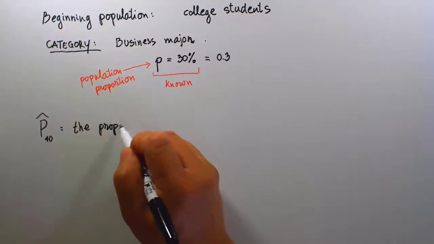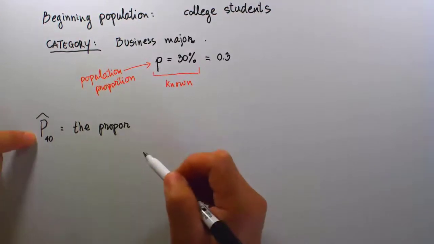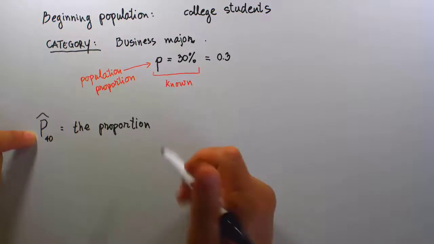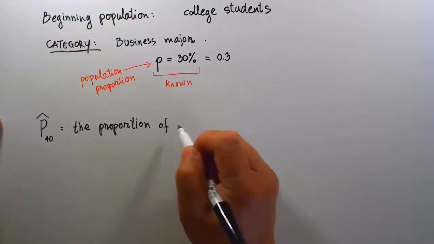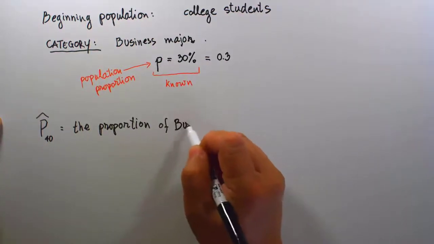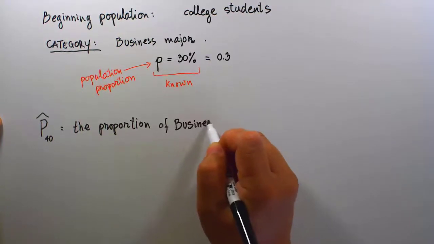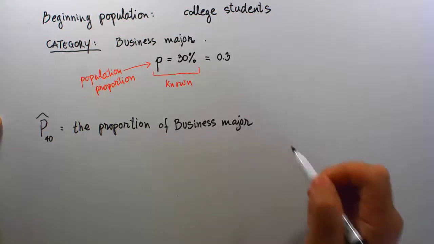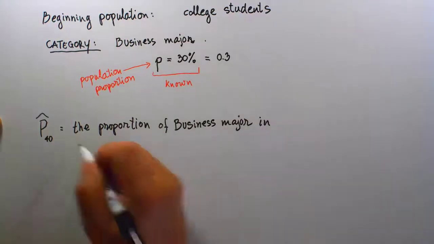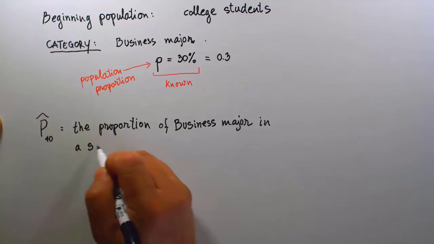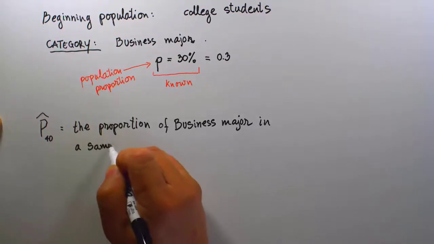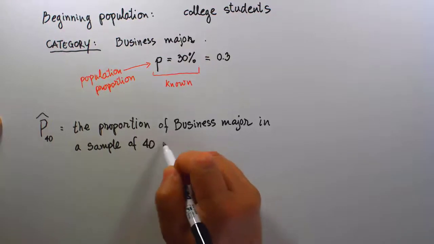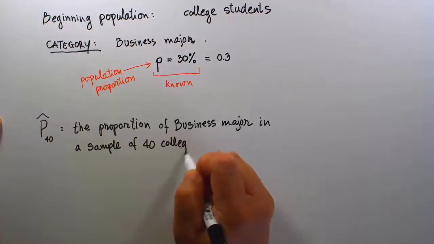Any value of capital P hat 40 is the proportion of business majors, but only in a sample of 40 college students.